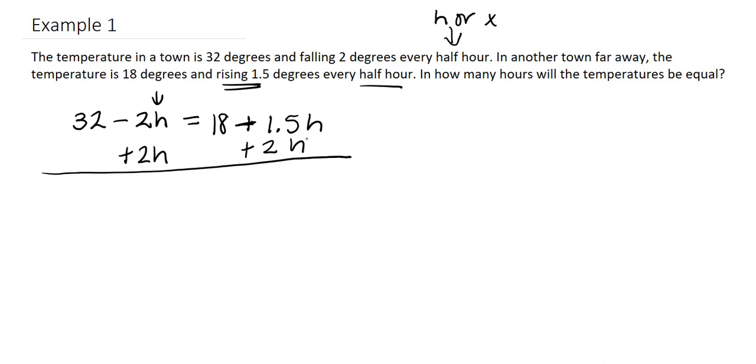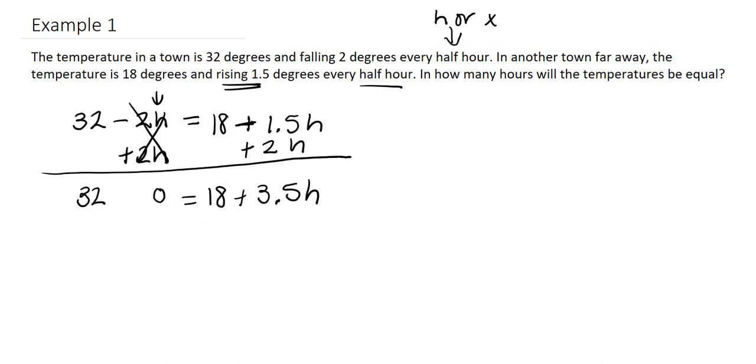So we just add 2h. Now this becomes negative 2h plus 2h, which is just 0. Then we can bring down the 32 equals 18, and 1.5 plus 2 is 3.5h. So we have 32 equals 18 plus 3.5h.